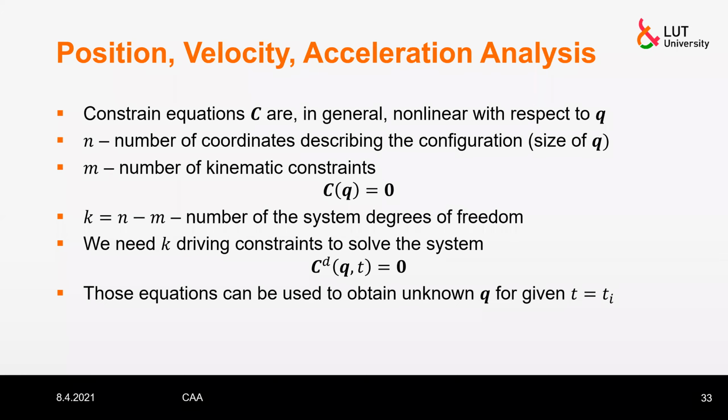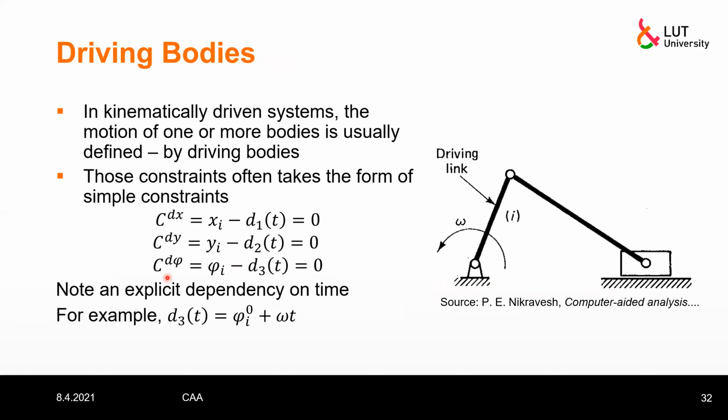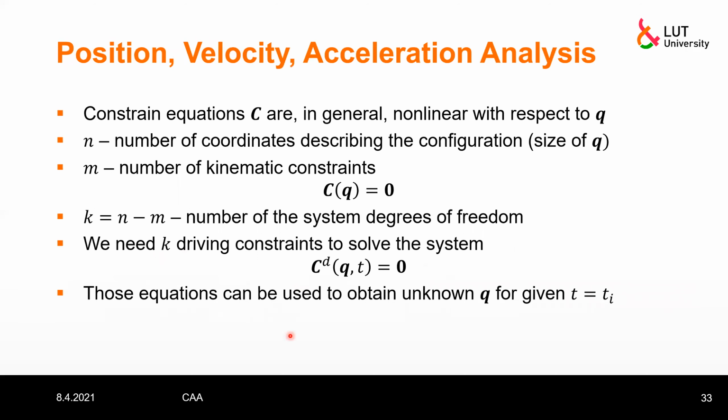Like here, we can use this equation: the angle of this link, which we call the driving link, is described with that function that is explicit in time. By defining the number of constraints equal to the number of coordinates, we can solve the kinematic analysis. So we can find Q for all given times t equal to ti.